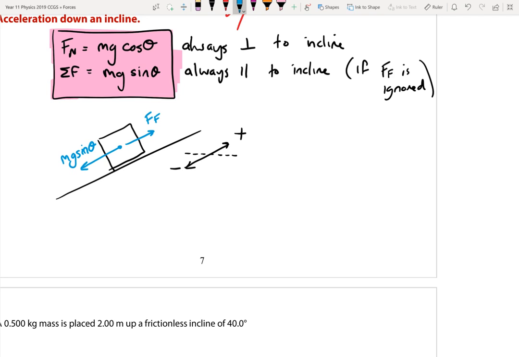So any angle greater, while it's sliding, this is what was happening with your trolley. While it was sliding, you had mg sine theta combining with a backwards frictional force to produce a net force. And then you're going to figure out what that net force is. Okay? So, assign a convention.